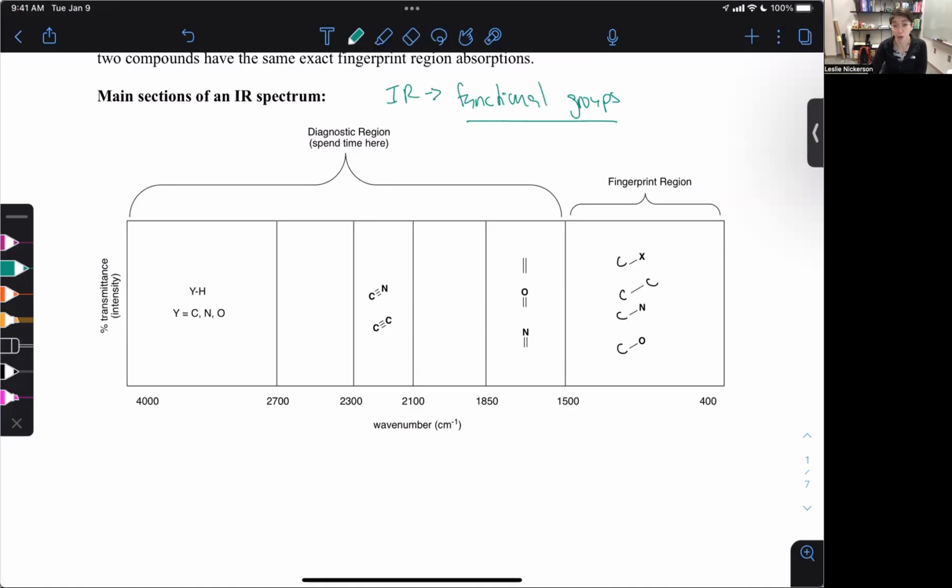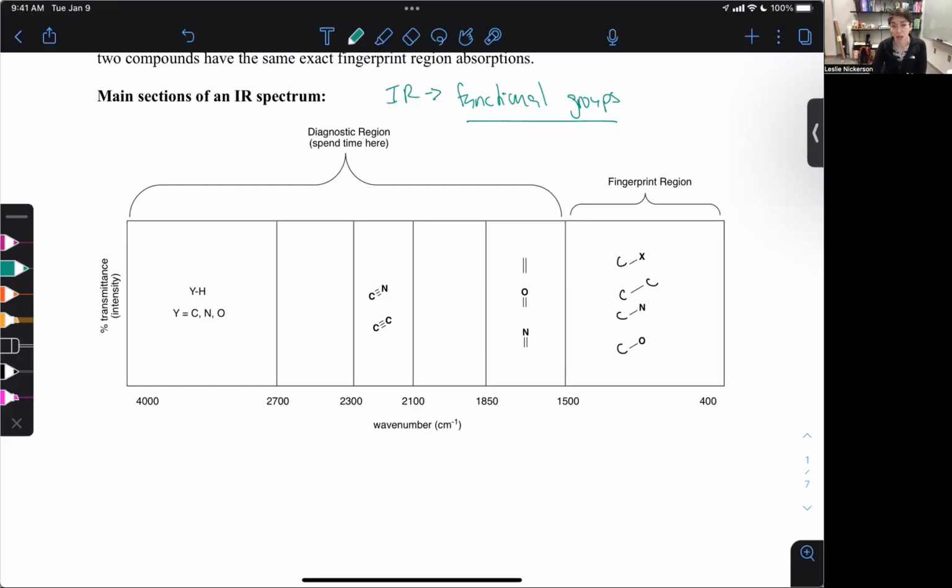Some functional groups are easier to identify in the IR than others. There are going to be a lot where we might not be sure which one it is. We might think we've got some kind of carbonyl, but I'm not quite sure which one.